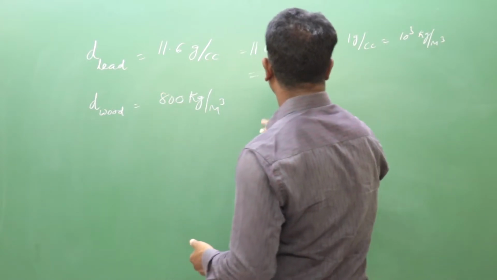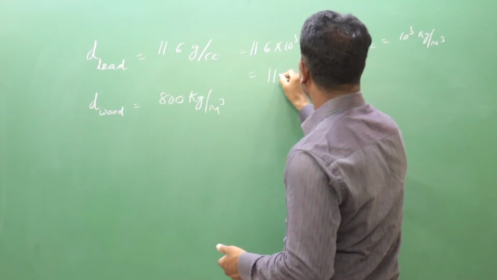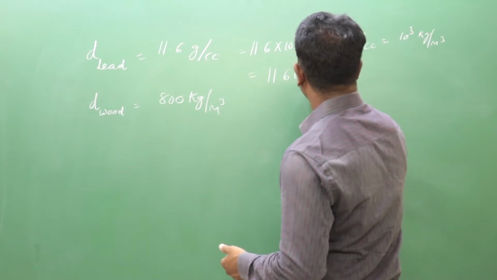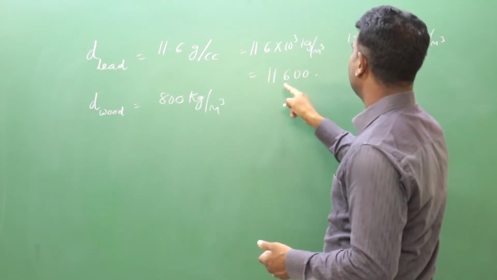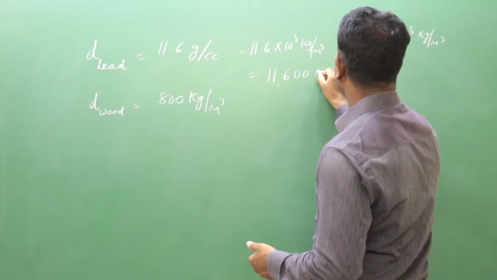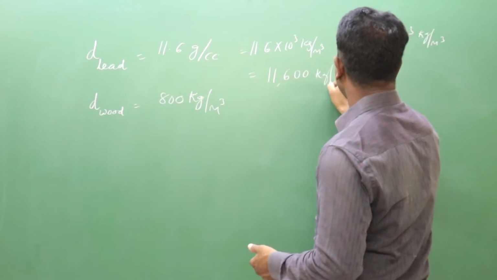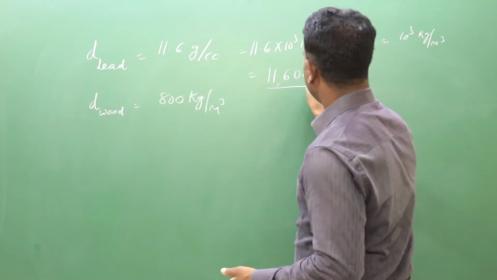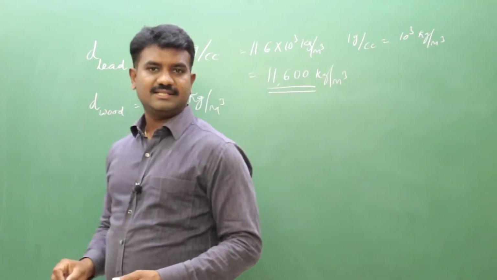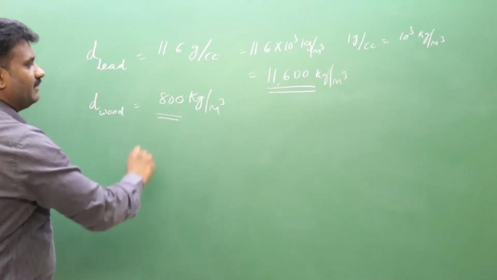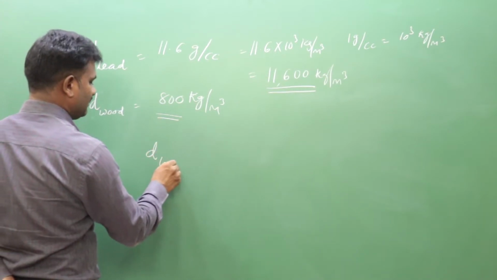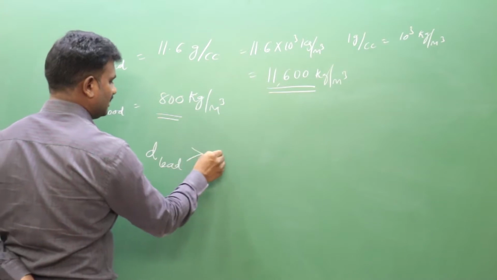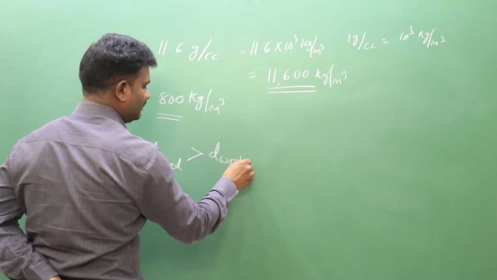Means how much? 11.6 and three zeros. After multiplying it will be 11,600 kg per meter cube. So it is 11,600, and it is just 800 for wood. Whose density is more? Obviously the density of lead is more than the density of wood.